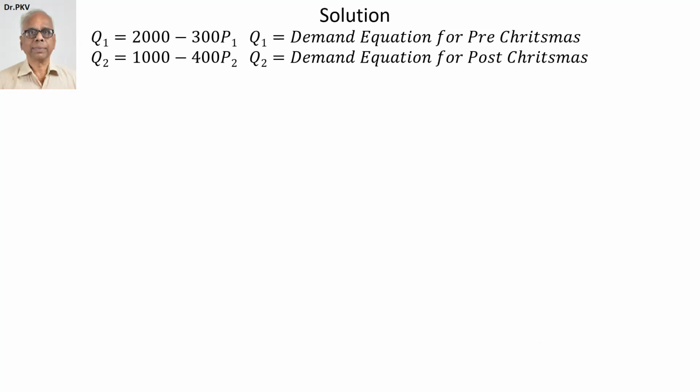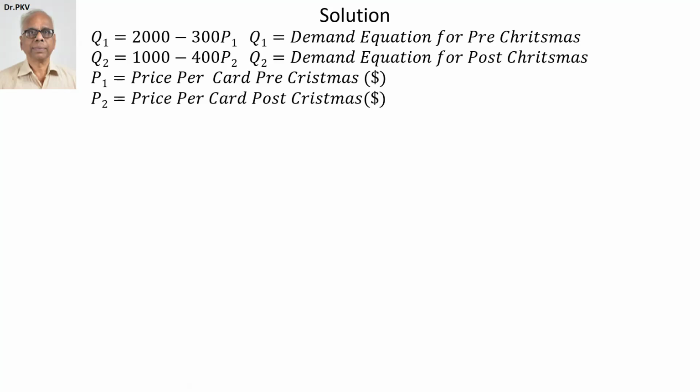These are already given to us. P1 is equal to the price per card pre-Christmas in dollars. P2 is equal to the price per card post-Christmas in dollars. Cost per card is measured in dollars and it's $1 per card.